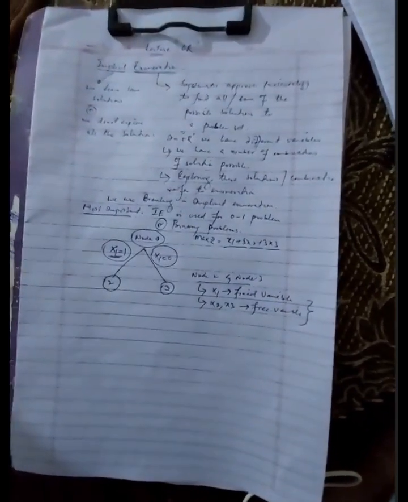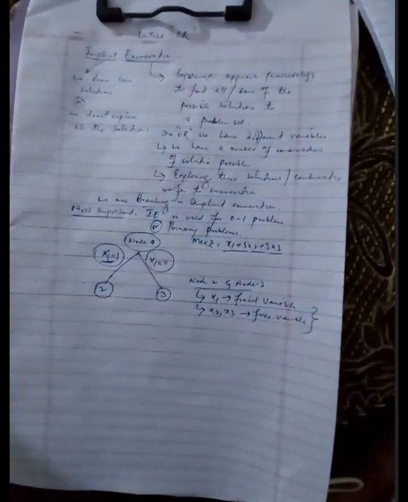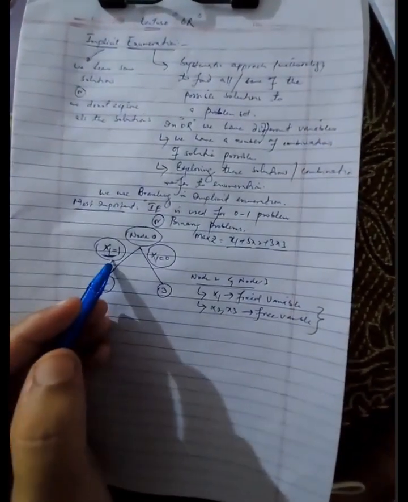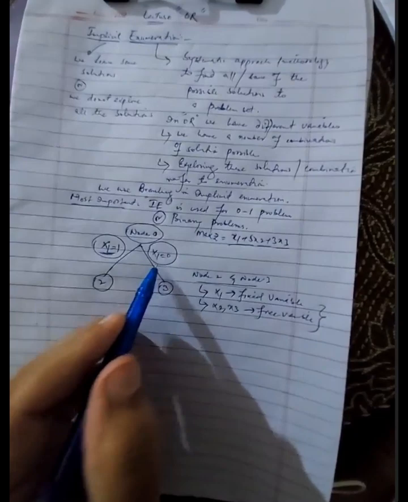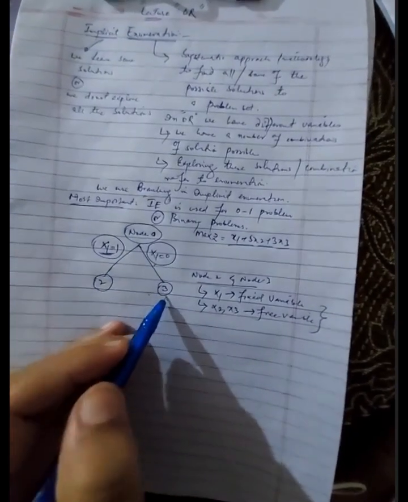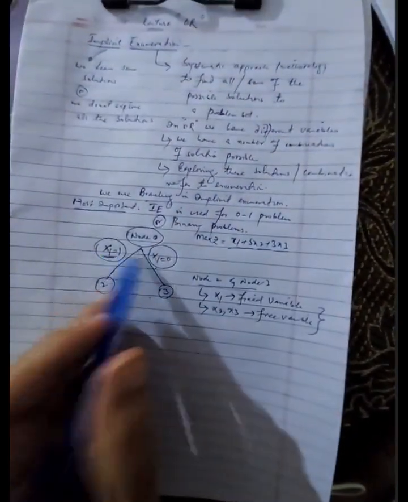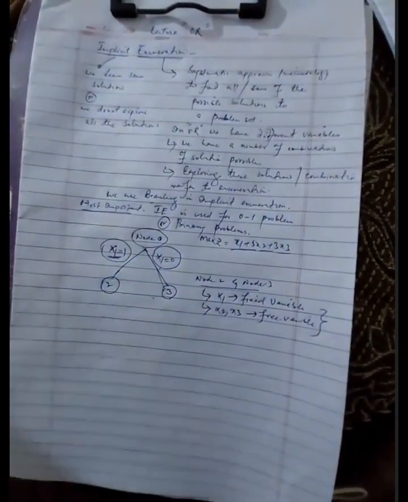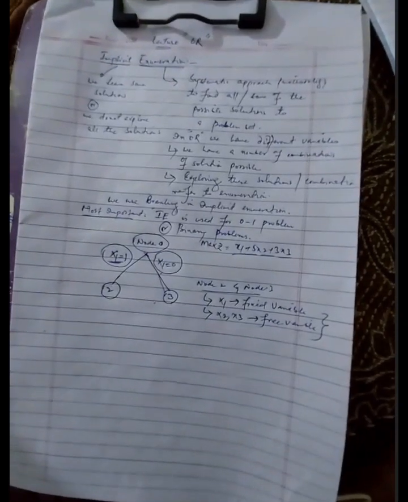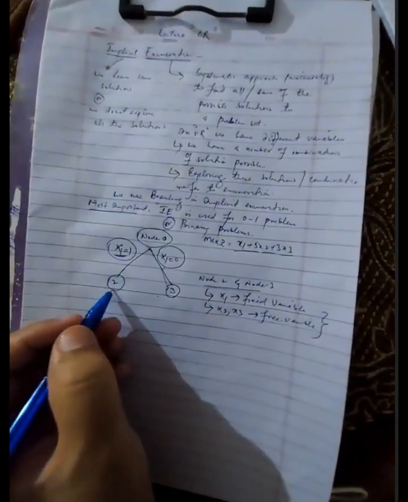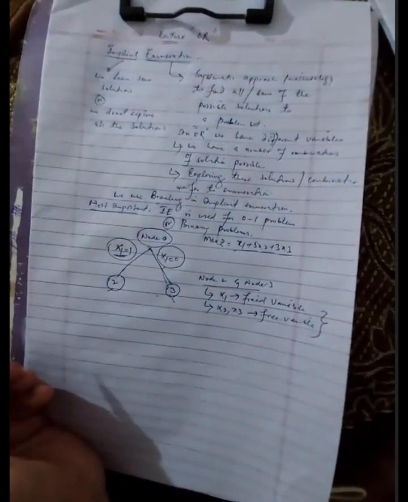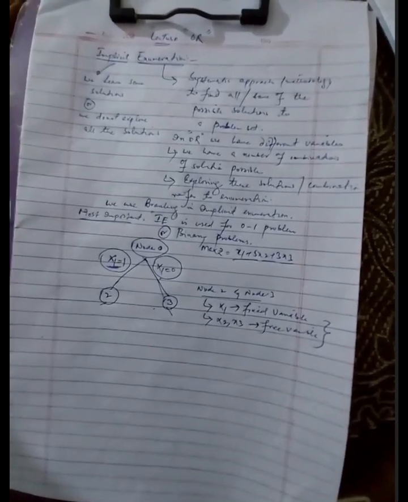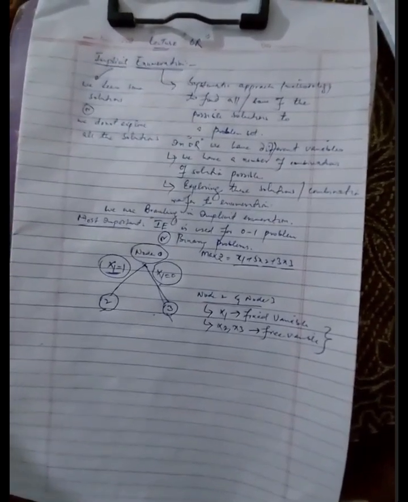The fixed variables are those which have attained a certain value. For example, we fix the value of x1 equal to 1 over here, and x1 equal to 0 in this branch, node 3. So x1 is fixed in both these branches. But we do not have any specific value for x2 and x3 in either node 2 or node 3. So x2 and x3 on node 2 and node 3 respectively are free variables.